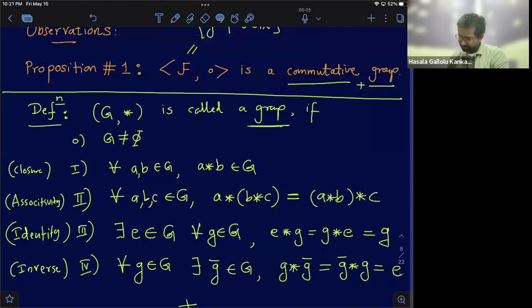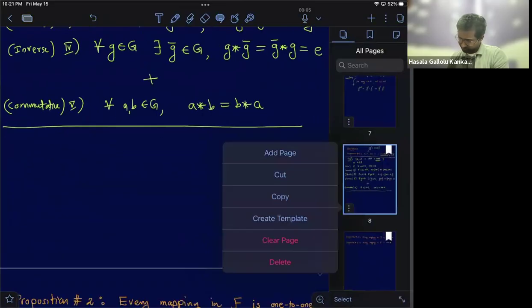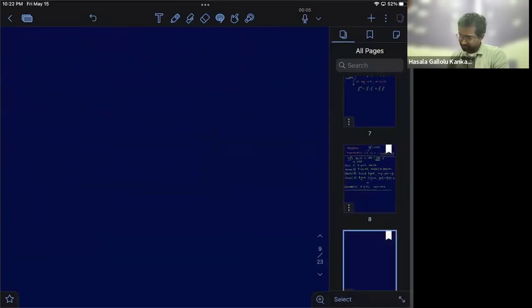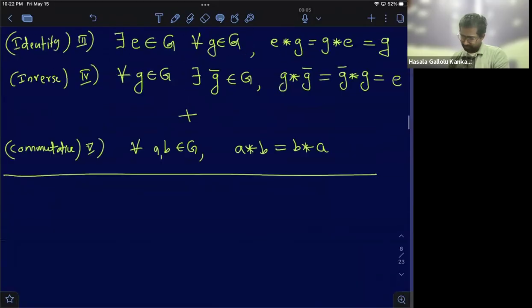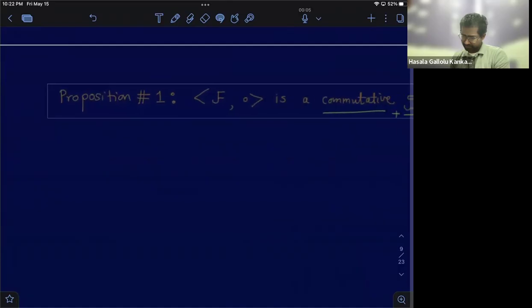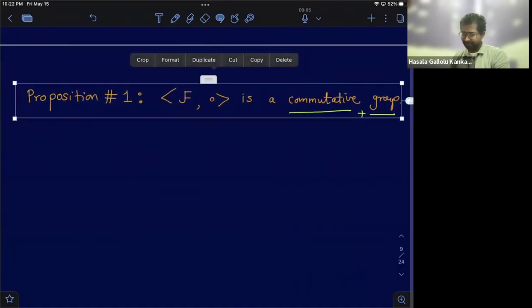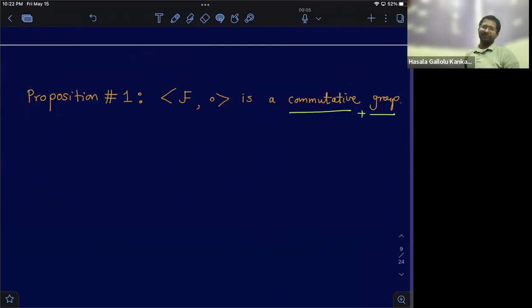I'll copy it and let's proceed to a separate page, and let me just edit here. All right, so our starting step was this proposition. We started describing this proposition, and then we wanted to describe what a group means. That is how we had that whole deviation from this proposition.